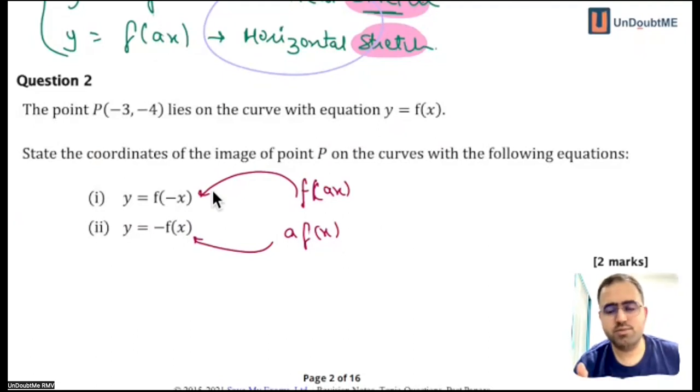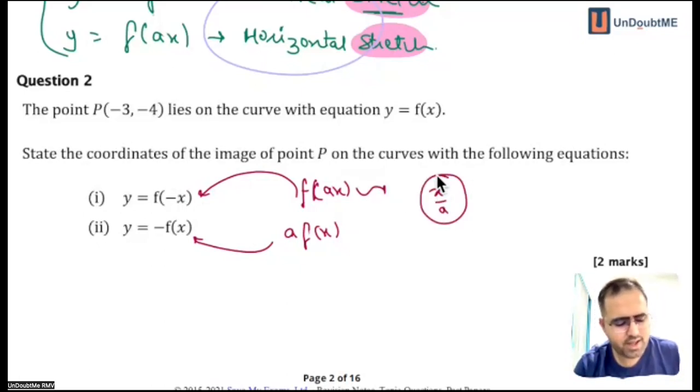It is not a stretch because now the coefficient is 1 only, so it will give you the same graph. Let me follow the same logic. What I said just now, that x coordinates will be divided by a. In this example, a is minus 1. So if I divide my x coordinate by a, it will be minus 3 by minus 1. That will be 3 comma minus 4.